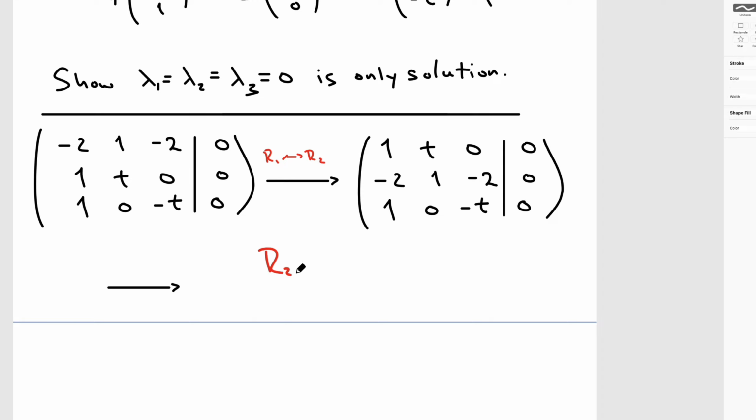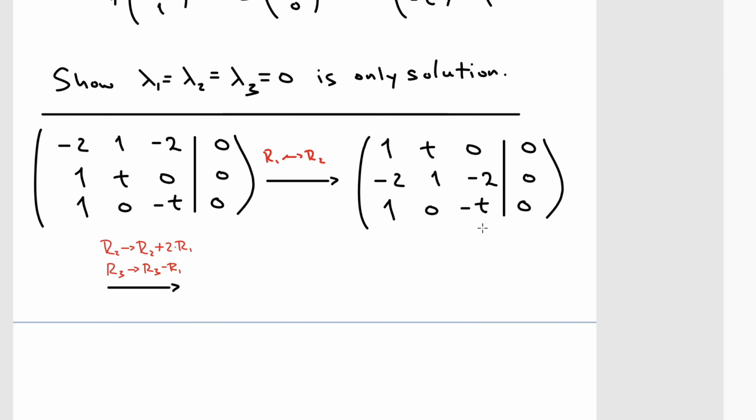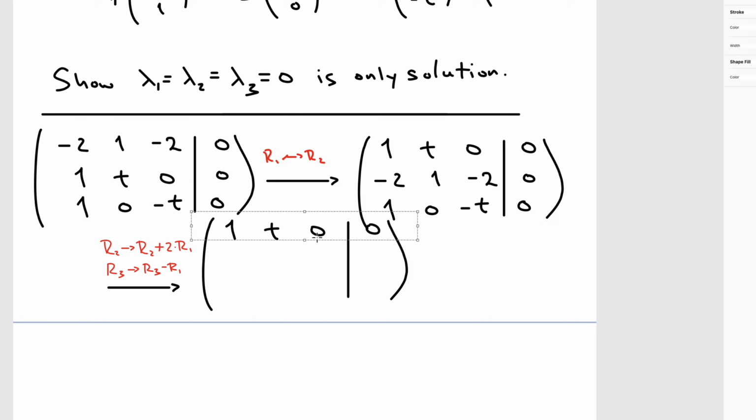Well, we could do R2 becomes R2 plus 2 times R1, right? So this 1 times 2 plus -2 is 0. And we could ask, how could we get rid of 1 in row number 3? That's actually simpler. It's just R3 becomes R3 minus R1. Okay, great. So first of all, we have not changed the first row, so I can copy that.